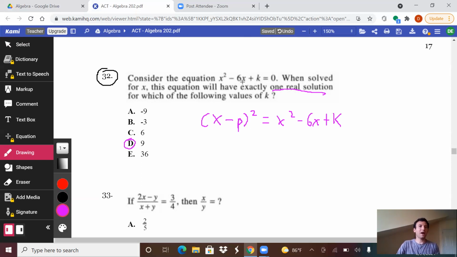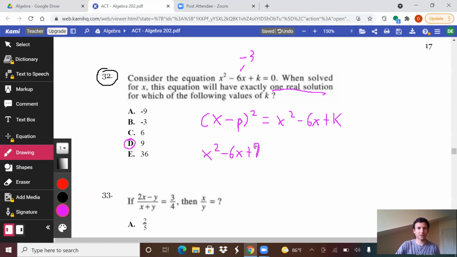The reason why it's got to be 9 is if you think about completing the square, you half this 6 to -3, and then you square it. If you're not sure how to complete a square, you may want to look that up on the internet. But if you half it and then square it, you'd end up with x squared minus 6x plus 9.